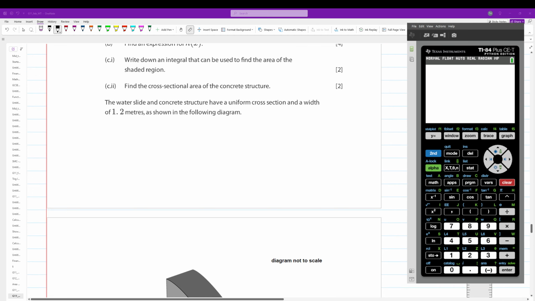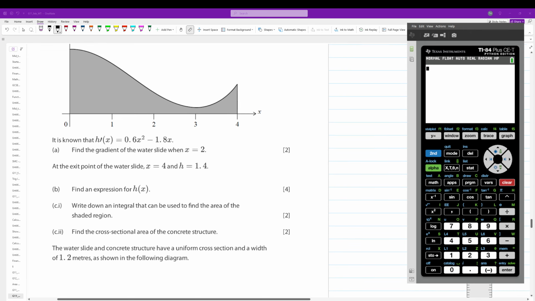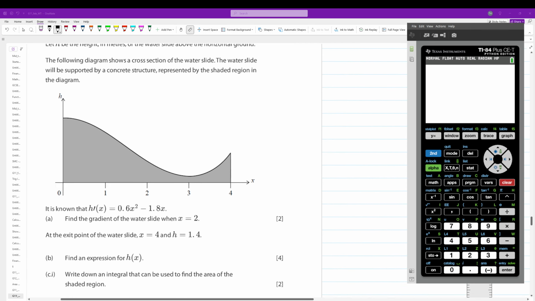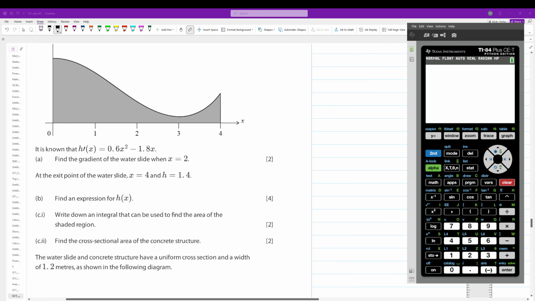Right, last one, or next to the last one anyway. Find the gradient of the water slide when x is equal to 2, and I've been given this function h dash. Now we know that this dash means that this has been differentiated, and if it has been differentiated, that means that this is the gradient function.